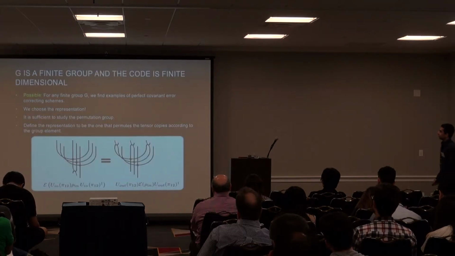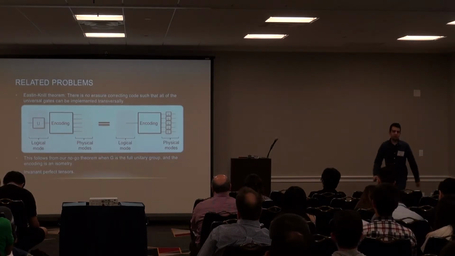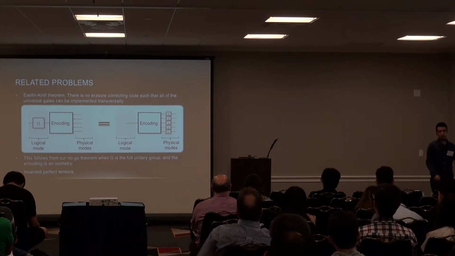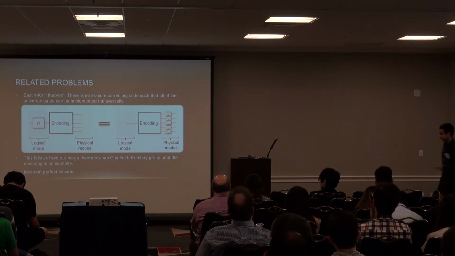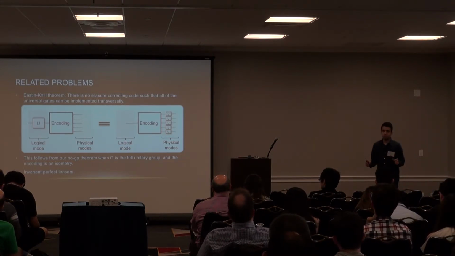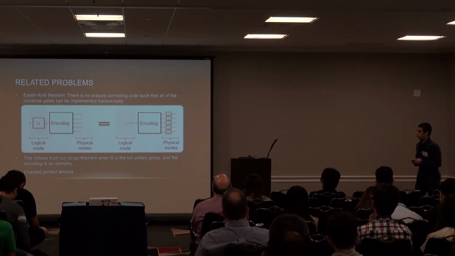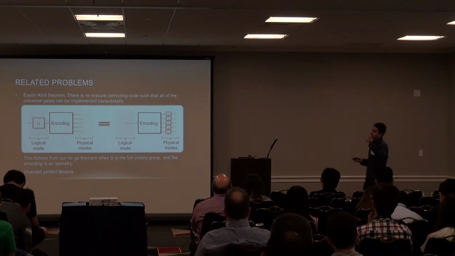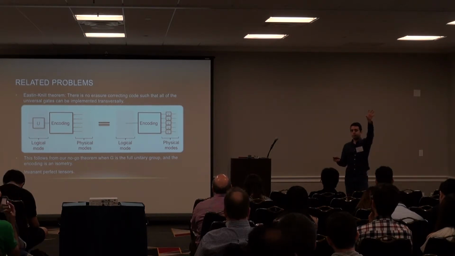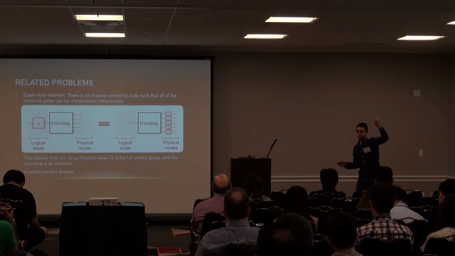So now I have talked about the no-go theorem. I will talk about relaxing the conditions and the ways that we can circumvent the no-go theorem. One way is relaxing the condition that I have a Lie group. Suppose that I just have a finite group instead of a Lie group.